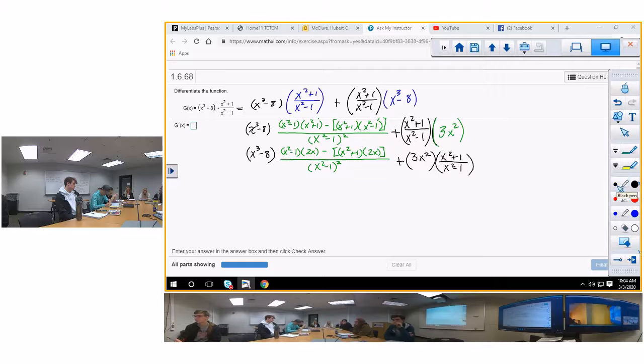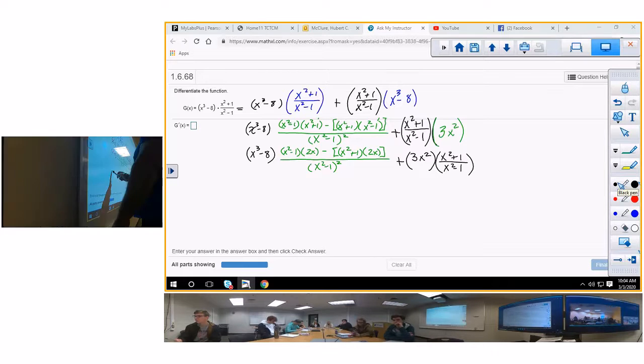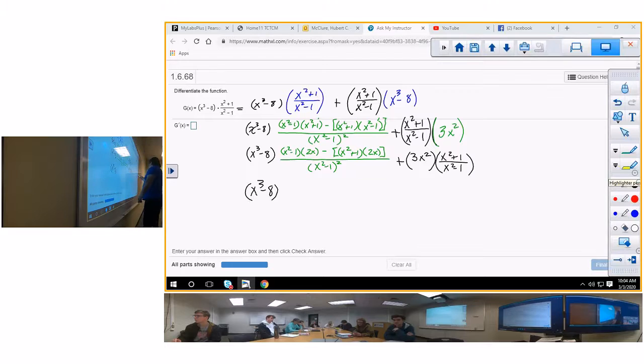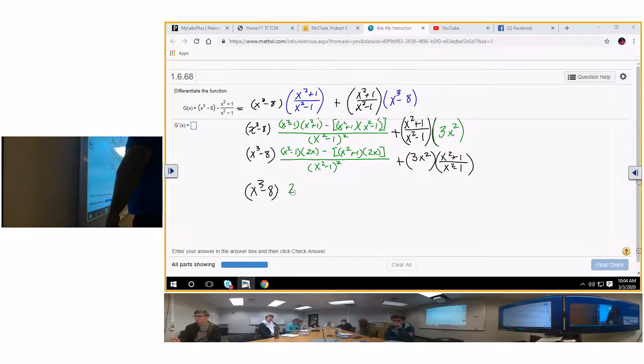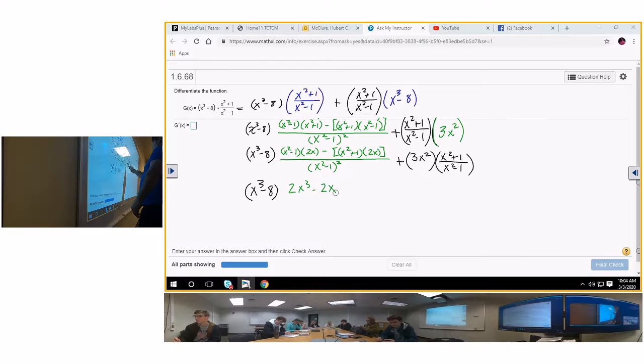All right. So I'm still going to write in black and green until we get this green settled down a little bit. And I'm just going to distribute that 2x here. That's going to give me 2x to the third minus 2x. And I'm going to distribute this negative and this 2x at the same time.